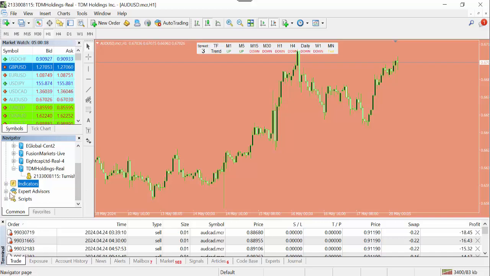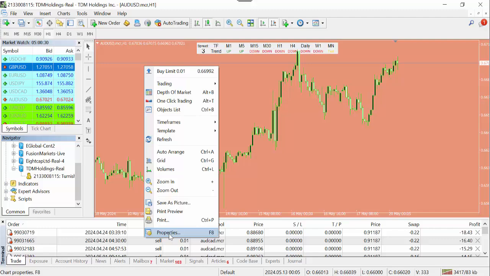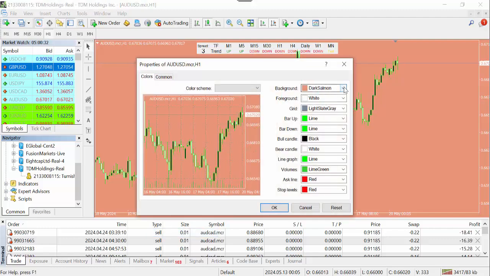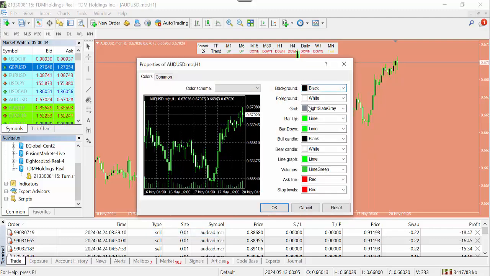The next thing we want to do is to format our screen to look nice so that it can be peaceful when we are doing our training. To do that, I right click, come to properties. I want a black background and a white foreground.